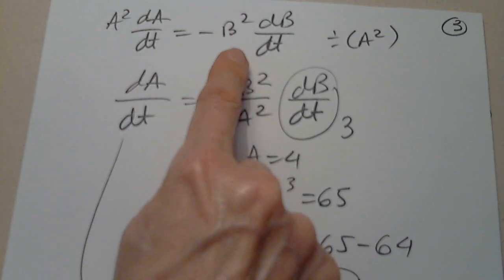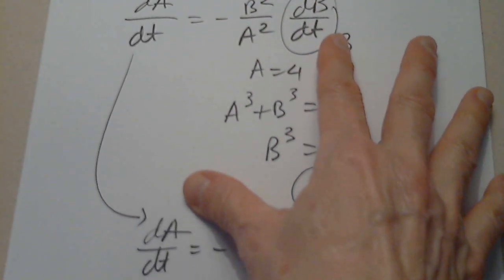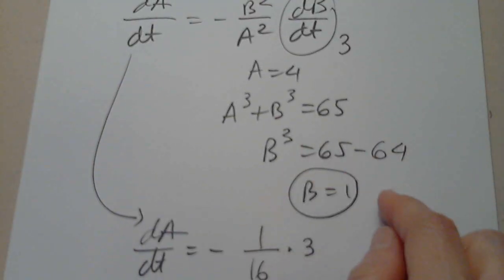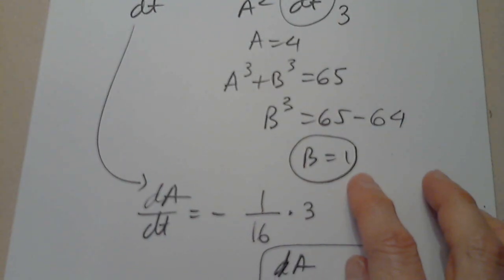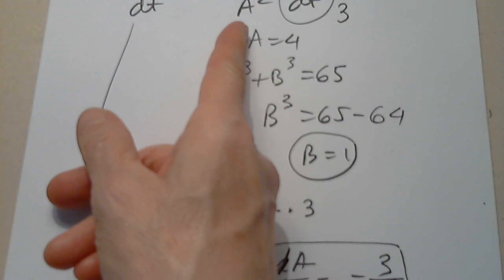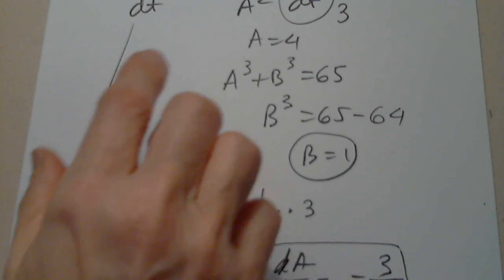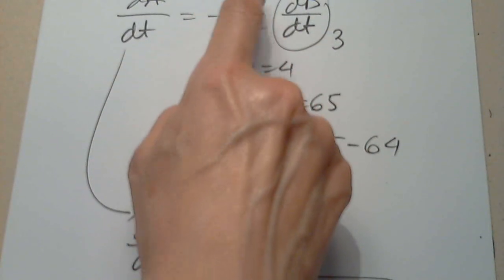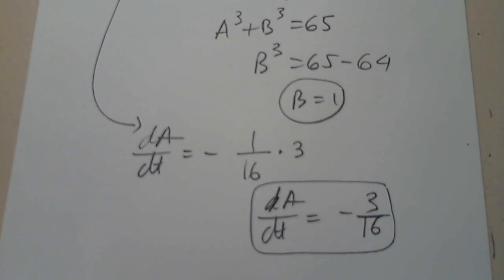I see where I messed up. Okay. So negative b squared over a squared times dB over dt. And we had to determine b. They were not giving us b, only a. So we determined that b was 1. When I plug it back in, 1 squared, the negative stays because I can only square what b is and what a is. I cannot include the negative in front, because we don't have parentheses. Thank you. Very good.